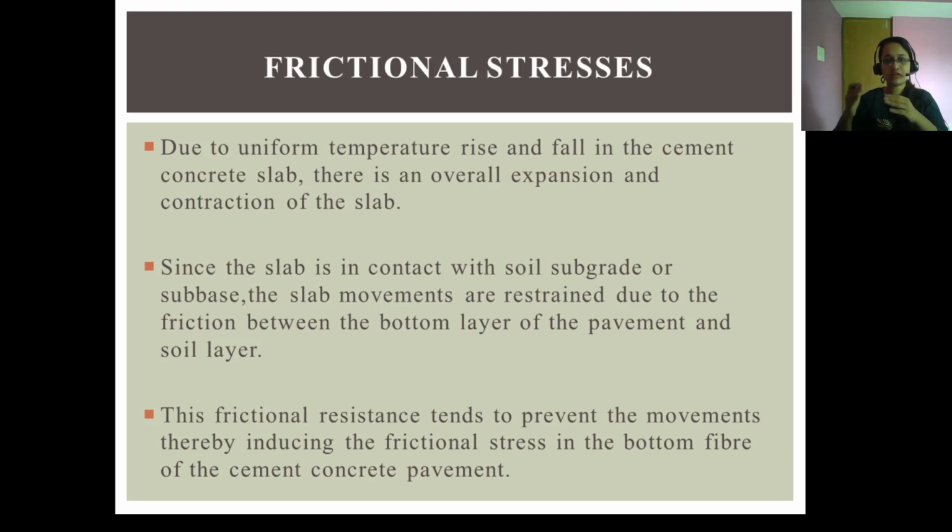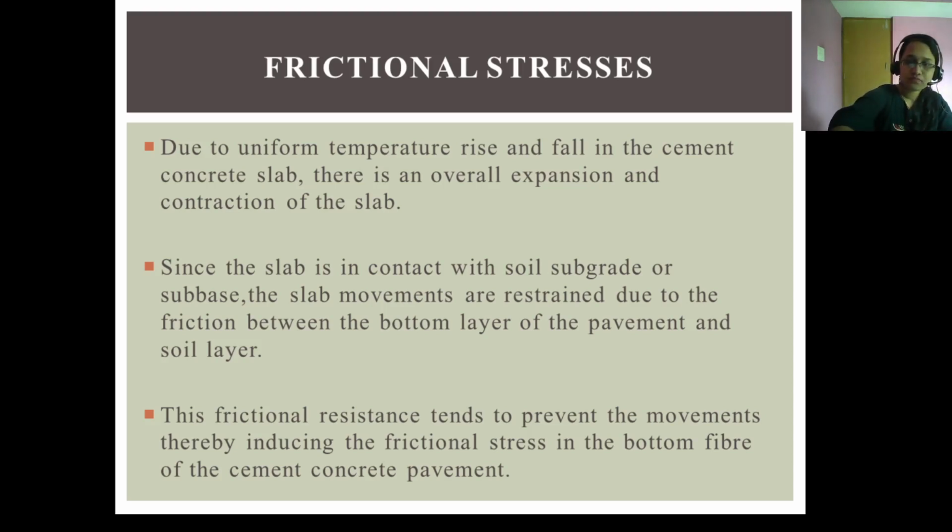So this frictional resistance tends to prevent the movements, thereby inducing the frictional stress in the bottom fiber of the cement pavement. So stresses in the slab resulting due to this phenomenon vary with the slab length. In short slabs the stress induced is negligibly small, whereas in long slabs, which could undergo movements of more than 0.15 centimeter, a higher amount of frictional stress develops.